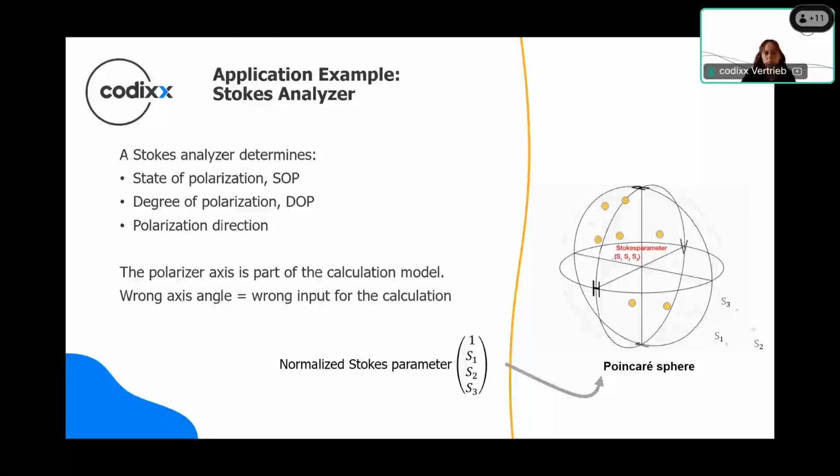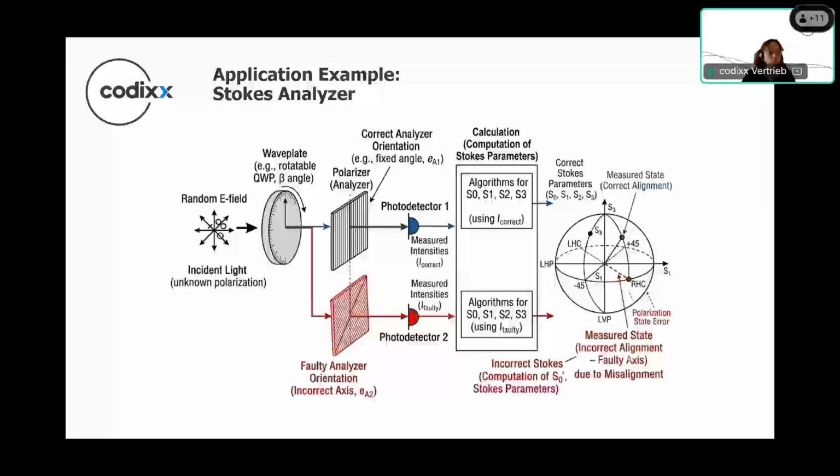You can see here this Poincaré sphere, which is used to visualize the Stokes parameters. You have random light coming in, a wave plate and then a linear polarizer to get a certain polarization, which are then measured and used to calculate a certain measurement point on the sphere.